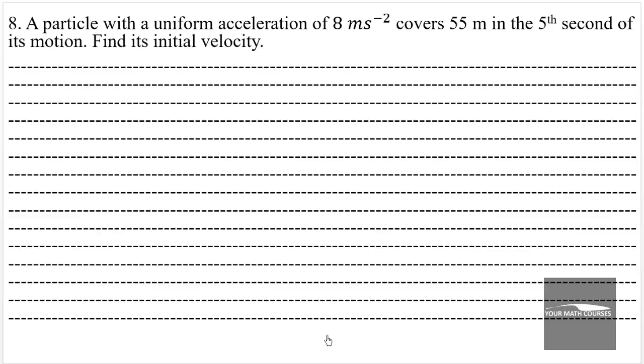So you recall the equations of motion. s equals ut plus half at squared. We're going to use this to find the initial velocity, where s is the displacement, which is 55.